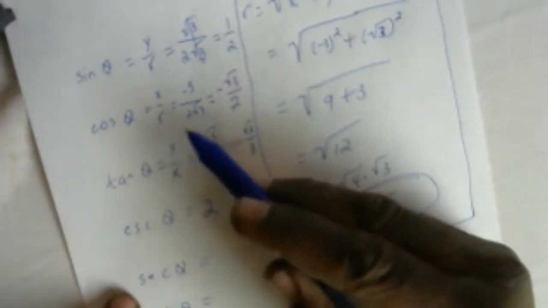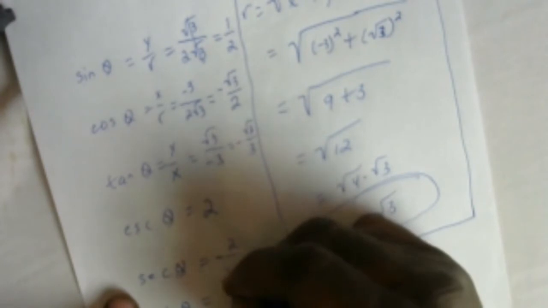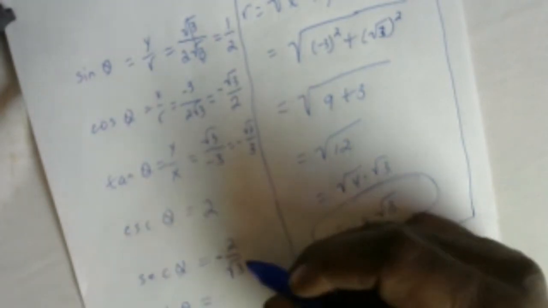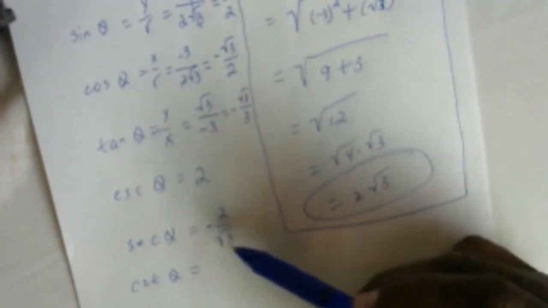The secant is the reciprocal of the cosine. So I have negative 2 divided by the square root of 3. So here again, I must rationalize. So I'm going to do that on a separate sheet of paper. So the secant of theta is negative 2 divided by the square root of 3.